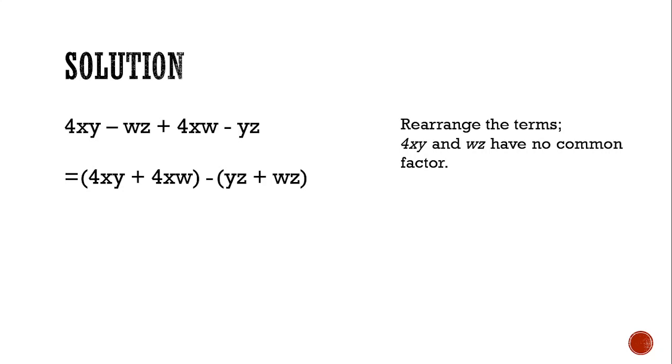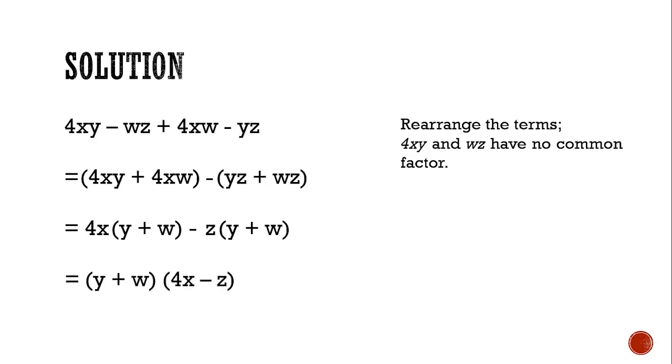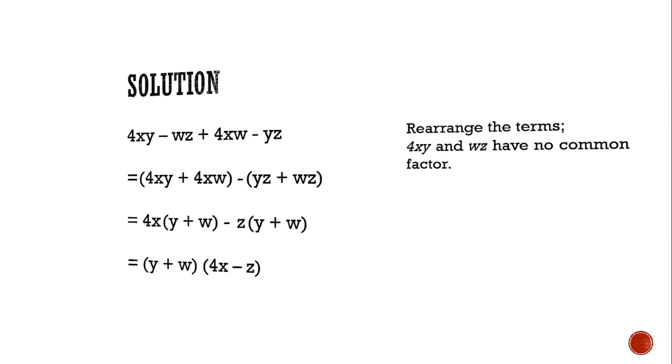Once we multiply that negative sign inside the parenthesis, it will be negative, sorry, my bad. 4x times y plus w minus z times y plus w. So, andyan na yung ating common factor, yung y plus w. And lastly, open parenthesis y plus w close parenthesis times open parenthesis 4x minus z close parenthesis. That is our factor.